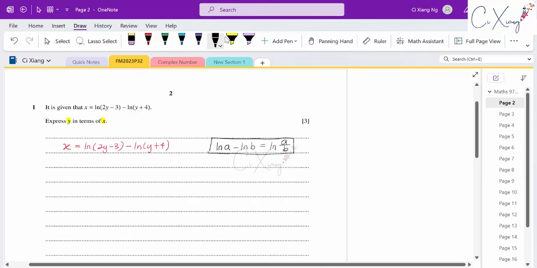I'm going to apply this on the right hand side of the equation. Therefore, x equals ln of (2y - 3) divided by (y + 4).